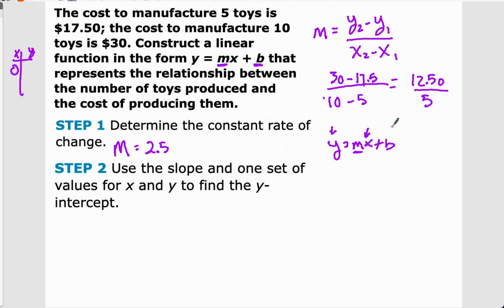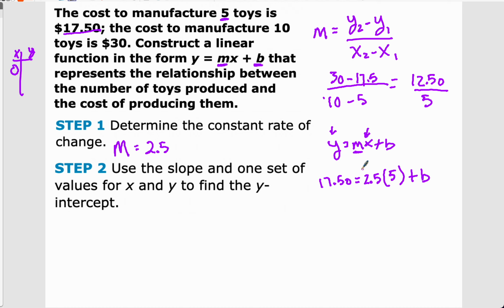And so I'm going to use one of my two ordered pairs. I usually choose the one with the lowest numbers because low numbers are easy to work with. So I'm going to use 5 and 1750. 5 is my x value, 1750 is my y value, and I have an m value. So 1750, that's the y value, equals m, which is 2.5, times x, and my x value is 5, plus b.